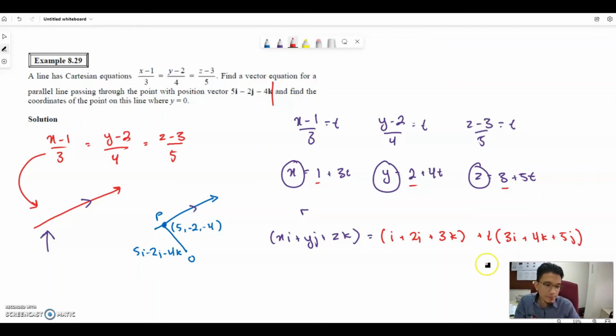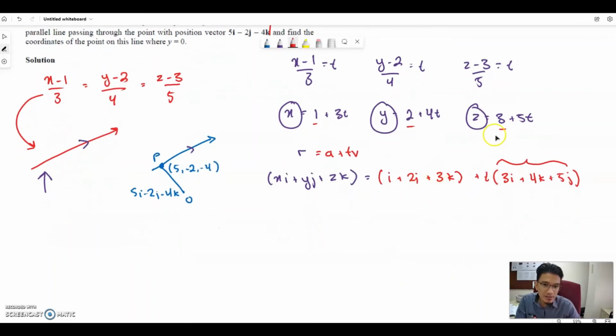That is our vector equation in the form r equal to a plus tv. So 3i plus 4j plus 5k represents the direction vector for this line. Since they are parallel, the new line's direction vector must also be 3i plus 4j plus 5k, since they are in the same direction.